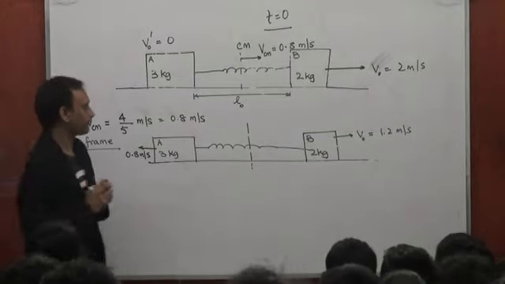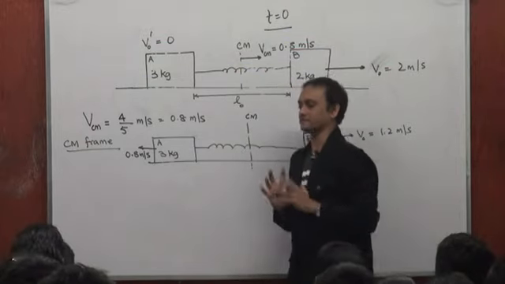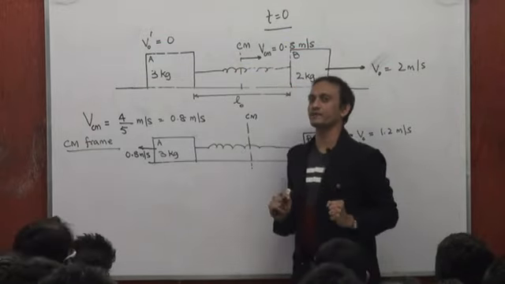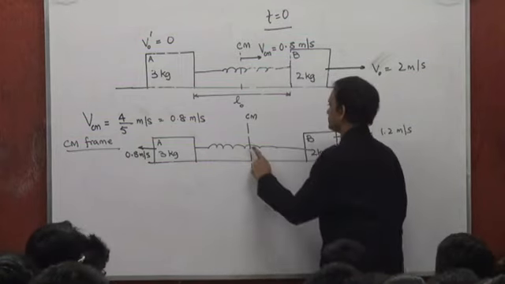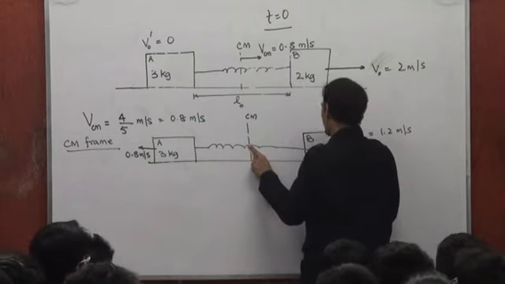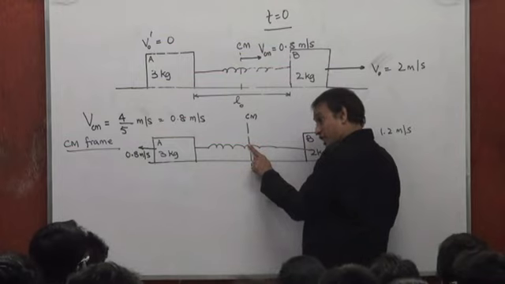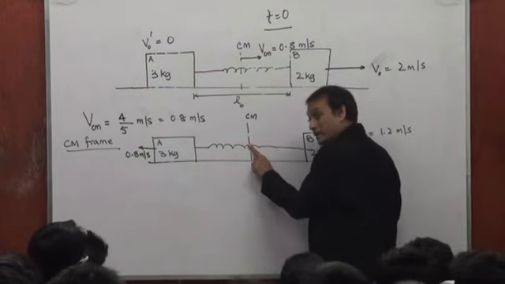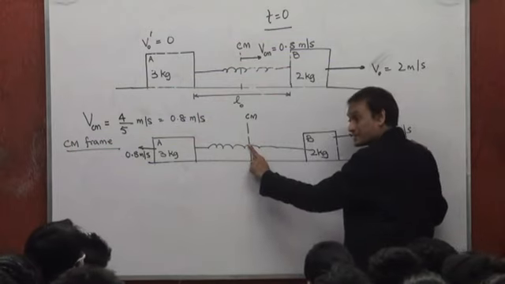Right? And now if I'm seeing everything from the center of mass frame perspective, then in principle, this is like a fixed wall. B is in its equilibrium position here, because no force is acting on B and it has a velocity of 1.2 meters per second.